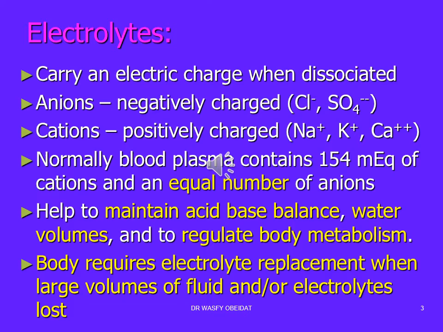Normally, blood plasma contains 154 milliequivalents of cations and an equal number of anions. This equal number of anions and cations in the milliequivalent units helps to maintain acid-base balance, and helps to maintain water volumes and to regulate body metabolism. So this is the function of these electrolytes.